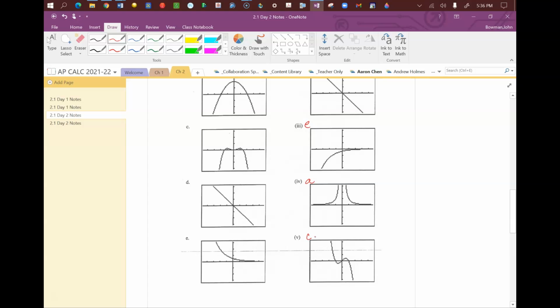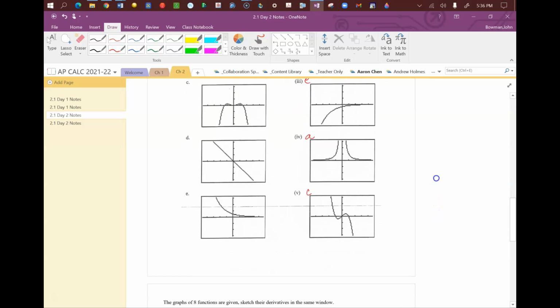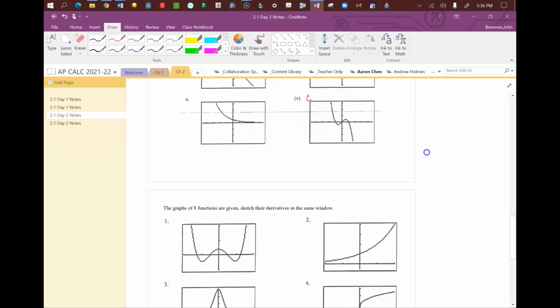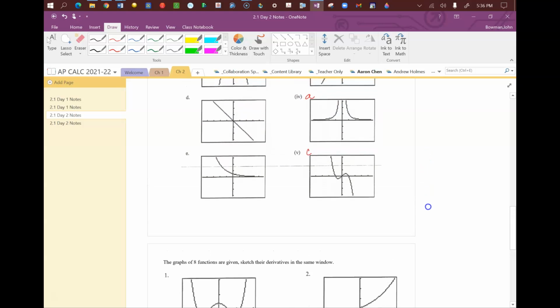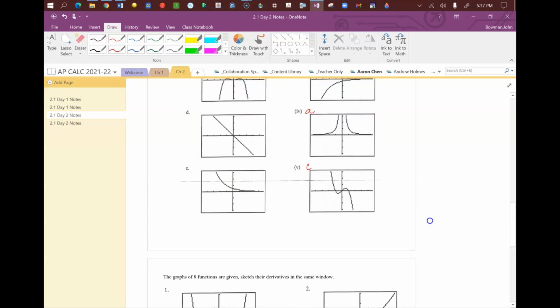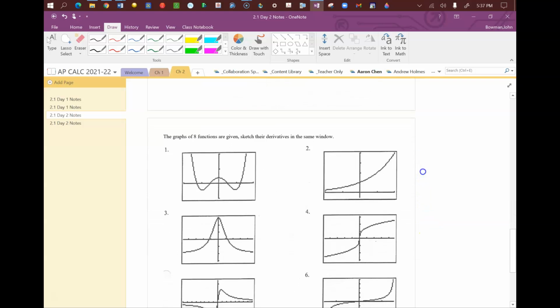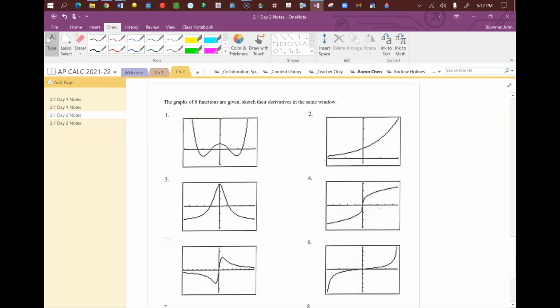If you didn't get those correct, take some time, think about it again, talk to the people around you, and see if you can understand why those graphs on the left match up with those derivatives or graphs of their derivatives on the right.